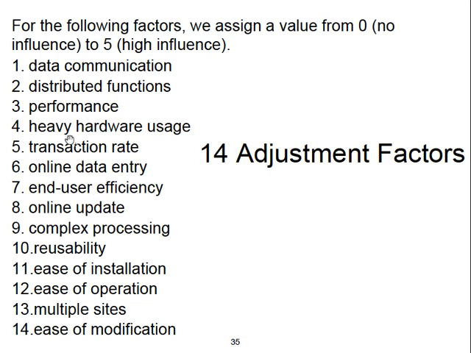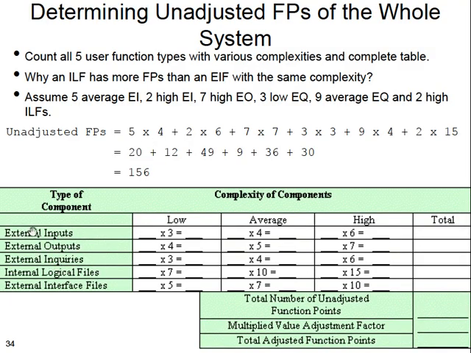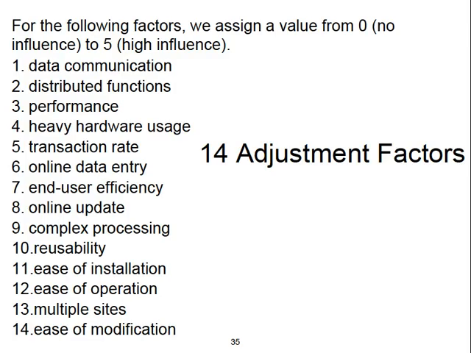These factors are considerations of the system, because for the 5 user functions here, we only deal with functionality, right? But there are other factors that can make things more complex. For example, if it requires high performance, then of course a high performance system will require more effort, so you need to adjust with some factors. By having a maximum value of 5, you are increasing the amount.